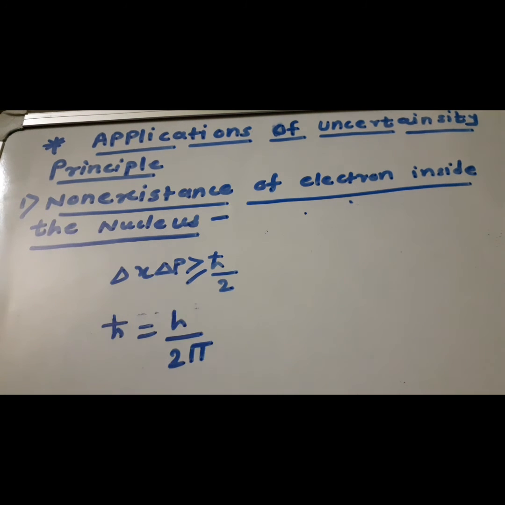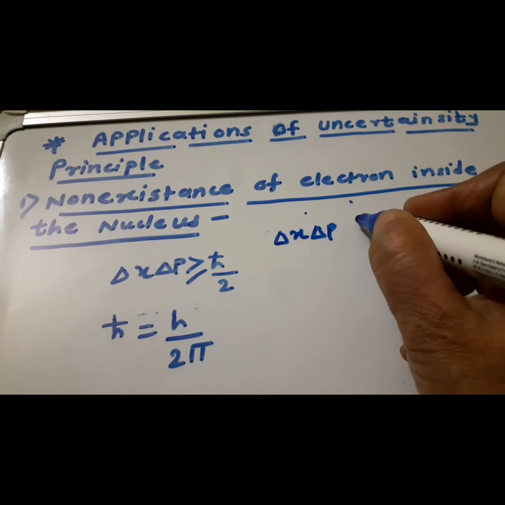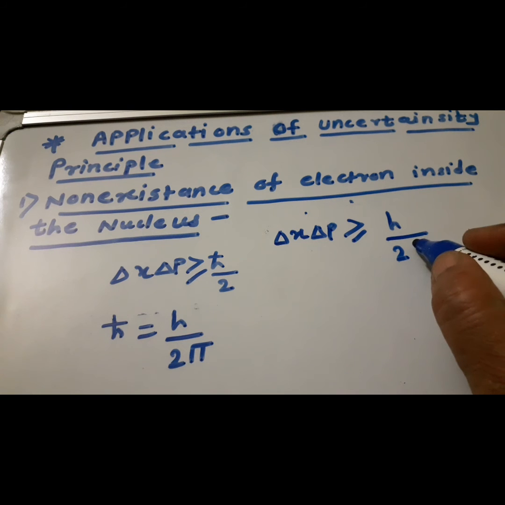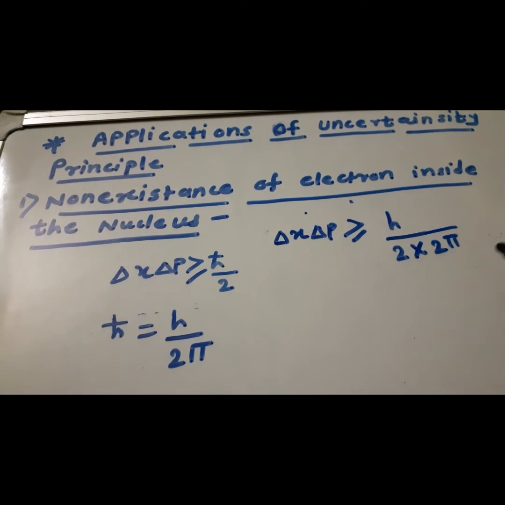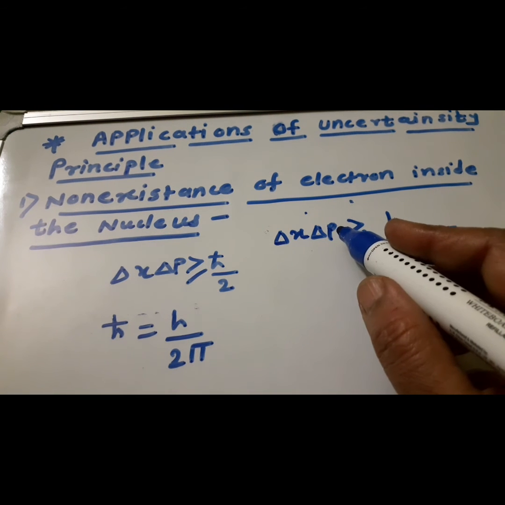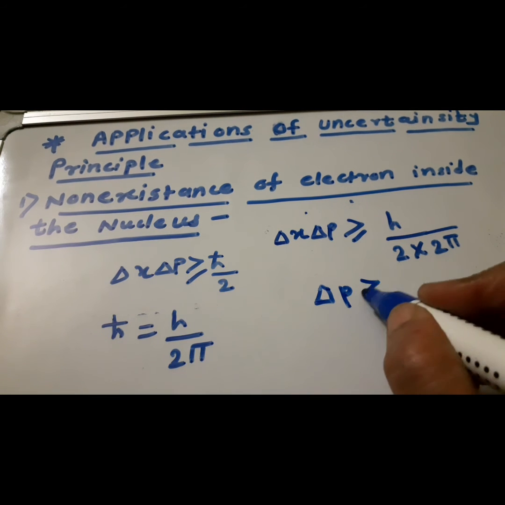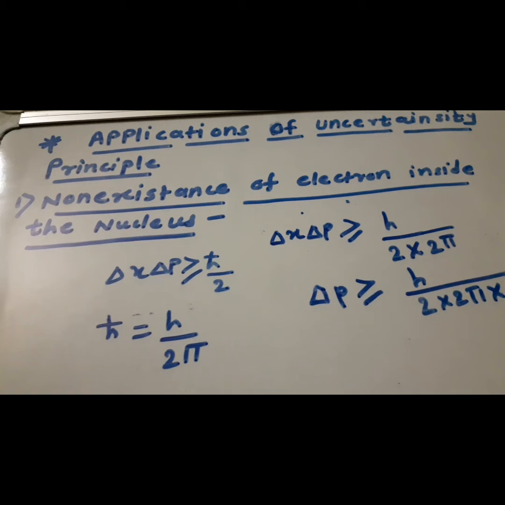Then this equation becomes delta x delta p is greater than or equal to h upon 2 into 2 pi, isn't it? Rearranging this equation for the momentum error, delta p is greater than or equal to h upon 2 into 2 pi into delta x.